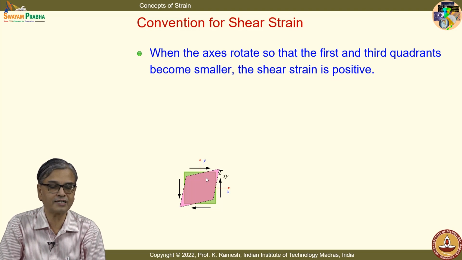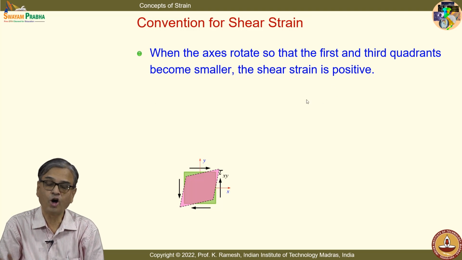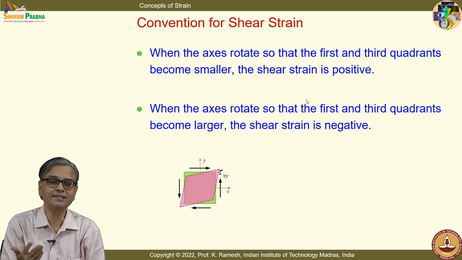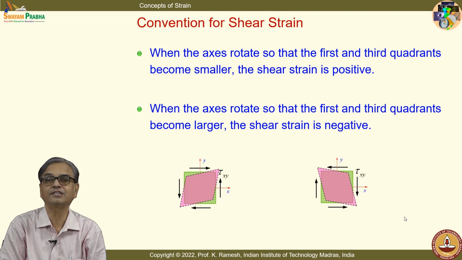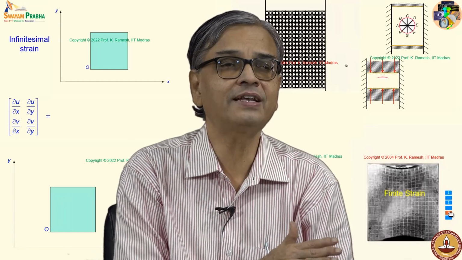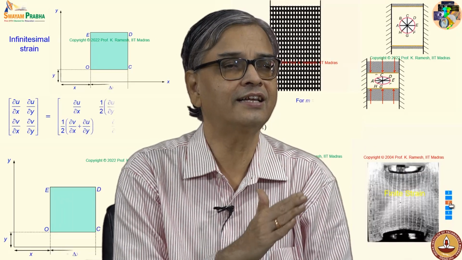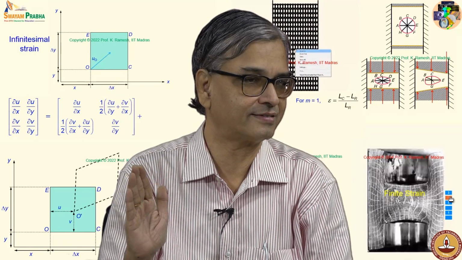First and third quadrants become smaller, the shear strain is positive. The opposite of this, you call negative shear strain. So, you have the diagram drawn, and the diagram is very illustrative of what we mean by positive and negative shear strains. So, strength of materials simply states this and then carries on with all the analysis.